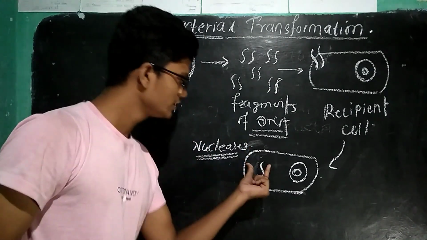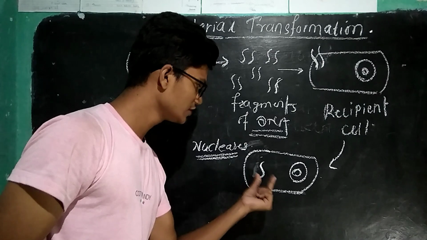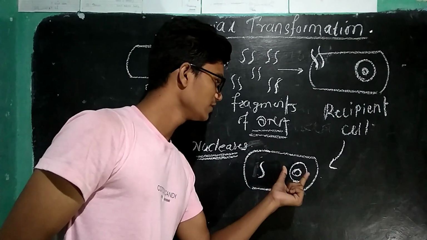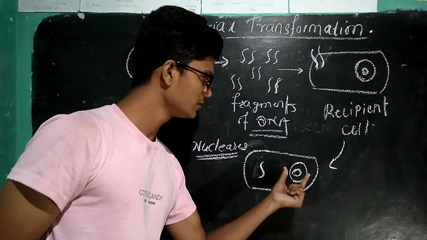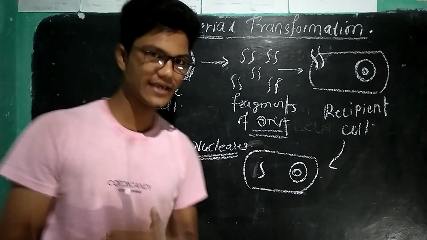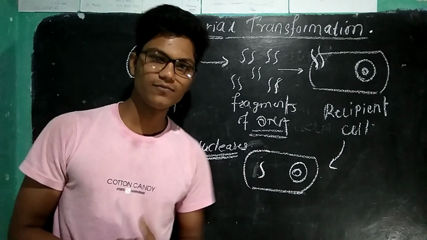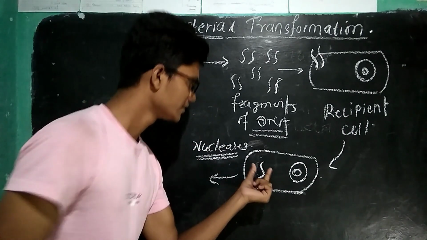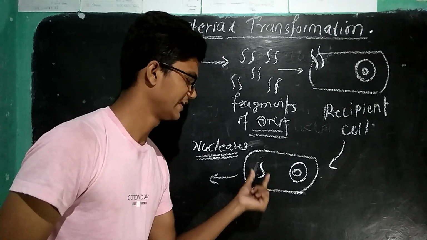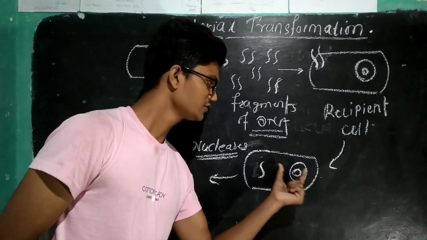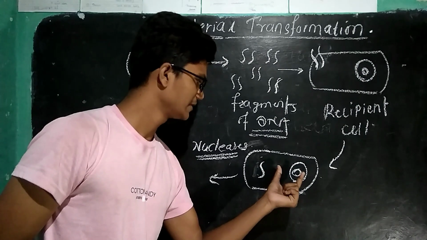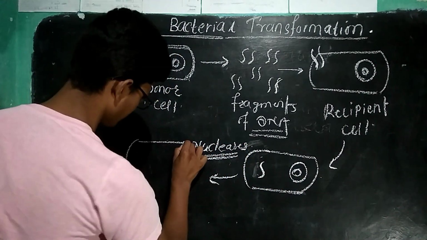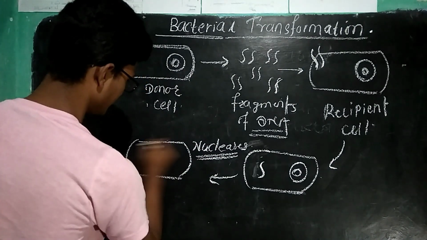Now this fragment forms a complex. It incorporates with the recipient cell's DNA with the help of homologous recombination. In the next step, this fragment of donor DNA binds to the DNA of the recipient cell with the help of homologous recombination, like this.